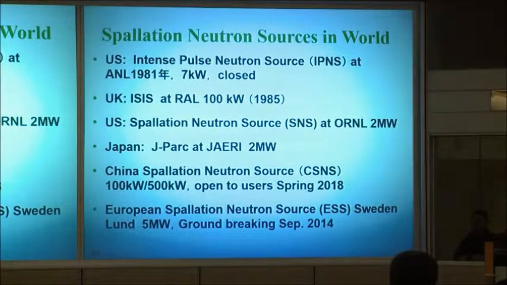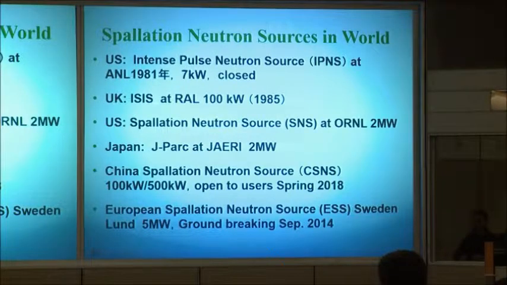This lists the spallation neutron sources in the world. The first spallation neutron source is in the US at Argonne Lab in 1981, called the Intense Pulsed Neutron Source, at 7 kilowatts. It closed after the Oak Ridge neutron source started operation.